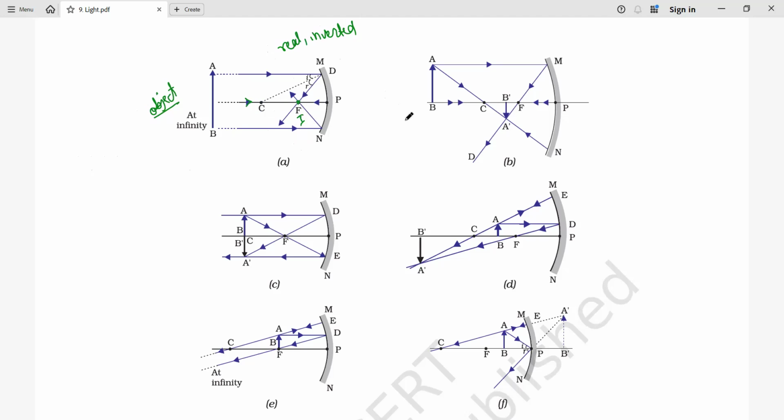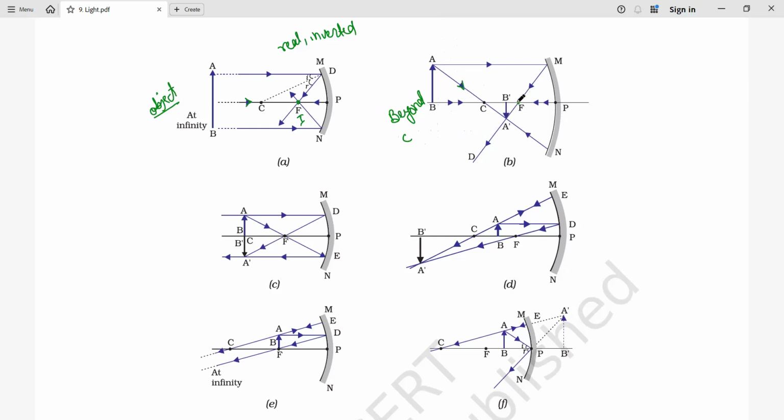Now the object is beyond the center of curvature, beyond C. One ray is taken parallel to the principal axis. After reflection, it passes through the focus. Another ray goes through the center of curvature and after reflection comes back along the same path.